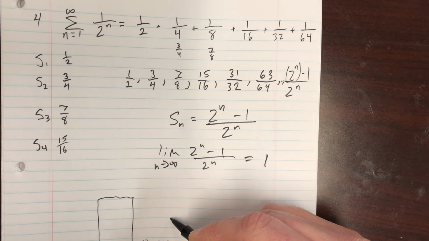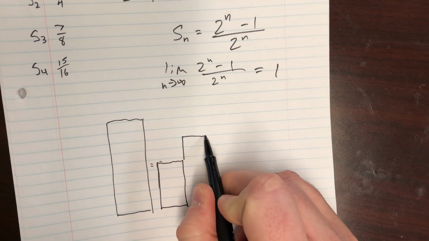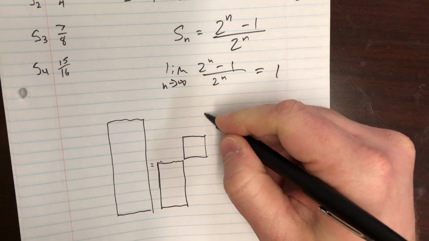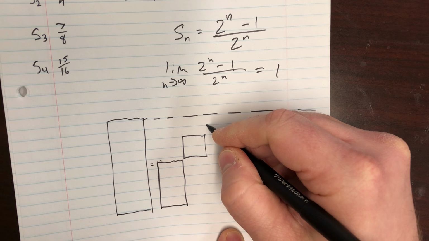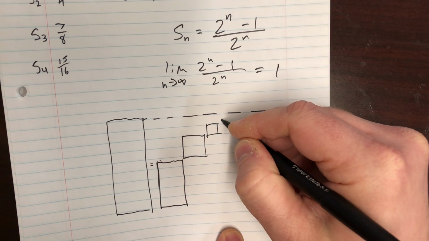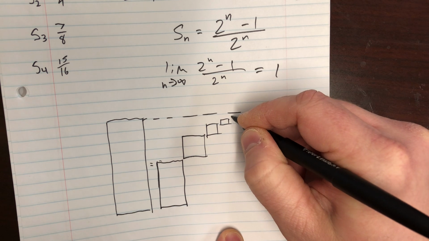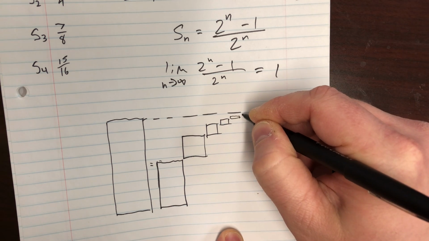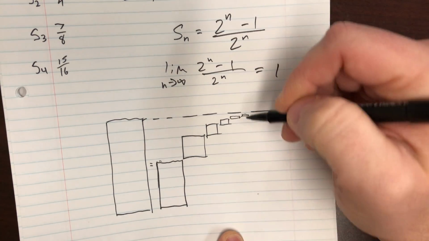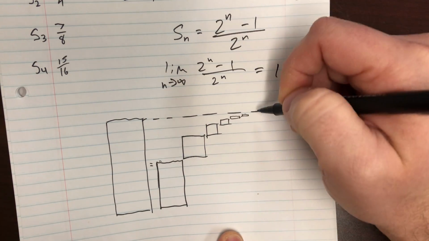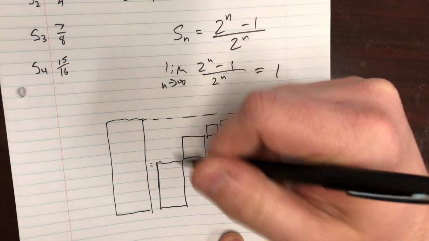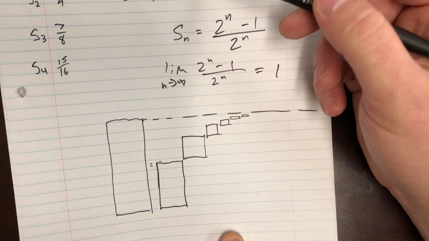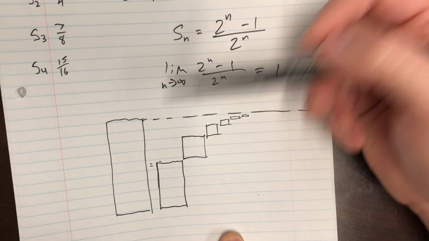So then I add this, and I'm just kind of eyeballing it here, but add on half of what's left. Add on half of what's left. Add on half of what's left. If you keep on adding on half of what's left, eventually there's going to be very, very little left. And if we were to go forever, then there's going to be nothing left. 2 to the n winds up giving us half of what's left each time in our next term.